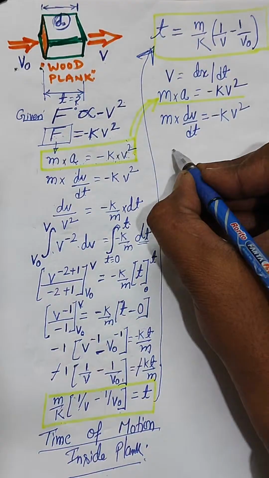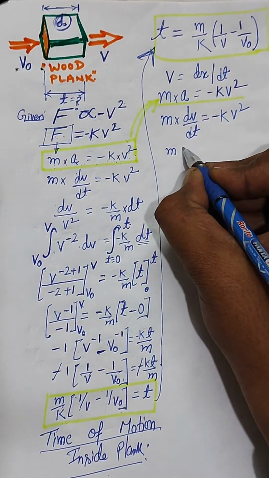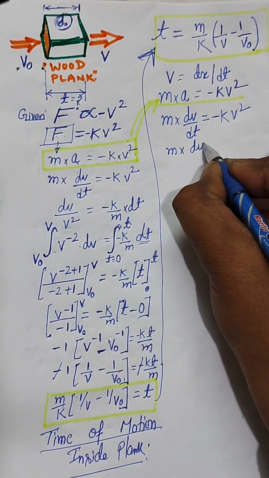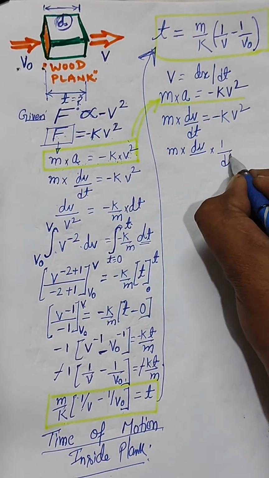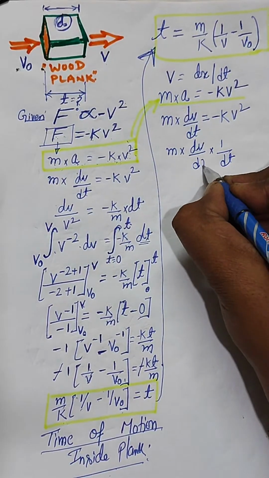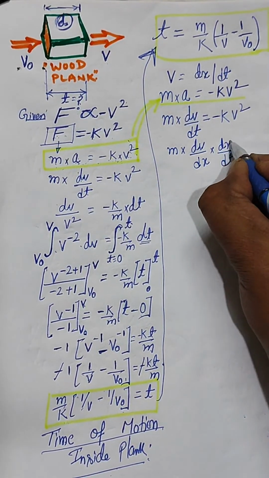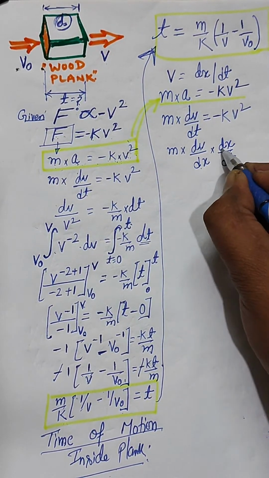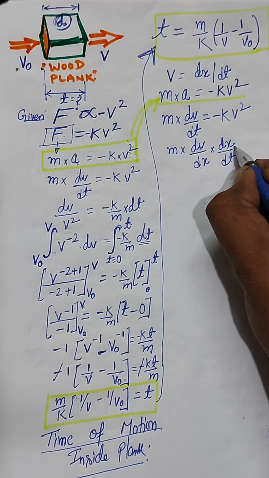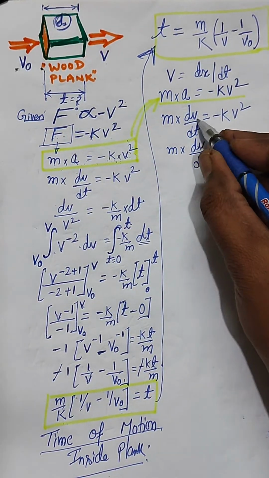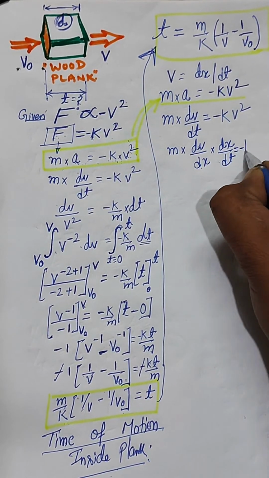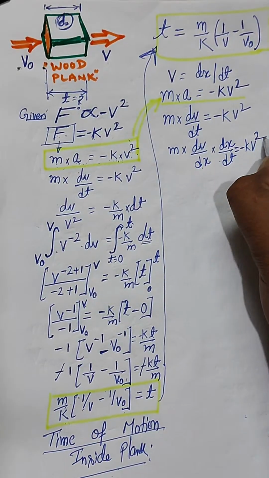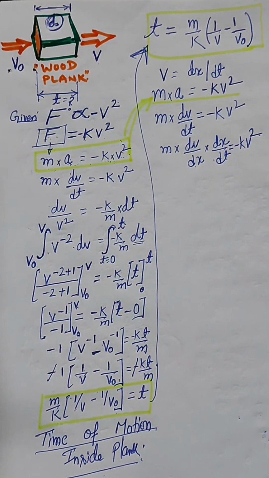Now this v can be written as, just write dv over here and 1 by dt over here, right? We can introduce dx over here, dx into the denominator, dx into the numerator. This will cancel out and it will become dv by dt, which was our previous step, is equal to minus k times v square.